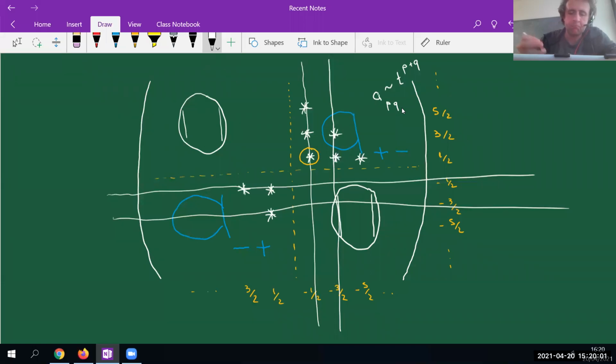So I can move the dependence on T from here to here if I want by doing some conjugation.